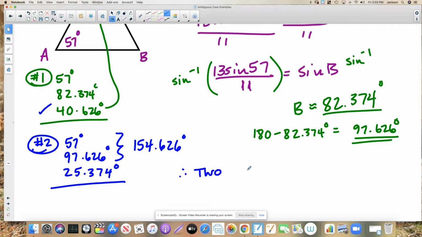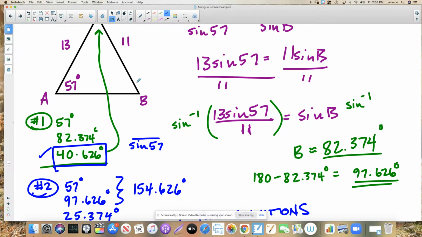Now, when you get two solutions to this triangle, it's kind of a pain, but you're going to have to go back through for each one of these and use that third angle in a law of sines ratio or proportion. You'd have to find that other side, side C, with this 40-degree angle here.